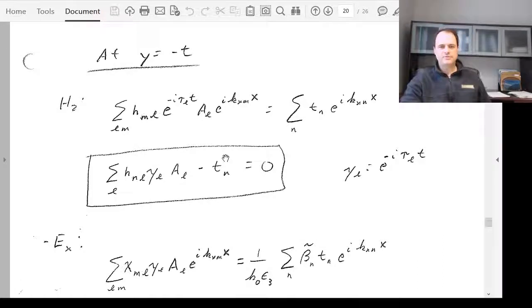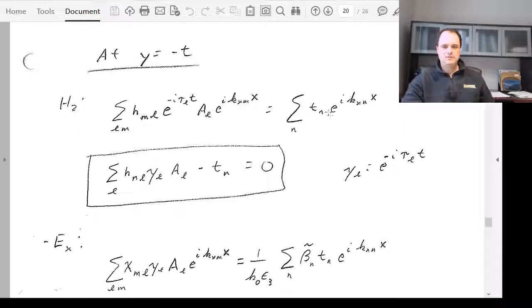We now have to do it for the second interface at y is equal to minus t. All right. We have the hz fields in the pattern layer, but now we're down in the y by minus t. So we have this term in there that represents the y dependence of the field after we go from 0 to minus t. And then we have the transmitted beams on this side, magnetic fields.